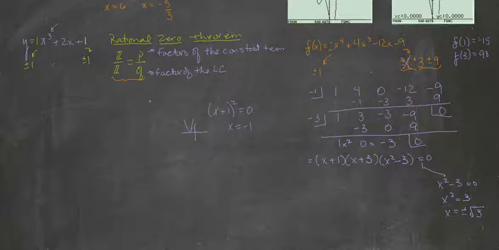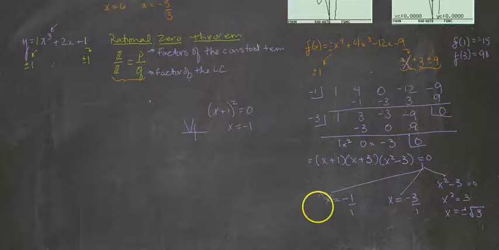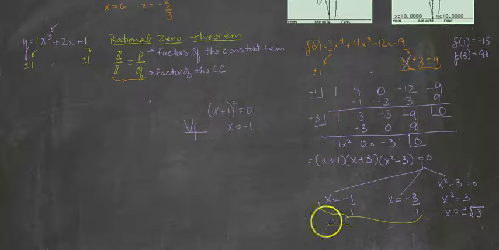So look what I've got here. I have two zeros, x equals negative 1 and x equals negative 3, that are rational zeros, because these could be written as an integer over an integer just by putting a 1 underneath them. So these are rational zeros, and that's what the rational zeros theorem promised. And that was all I was able to find, was the rational zeros.